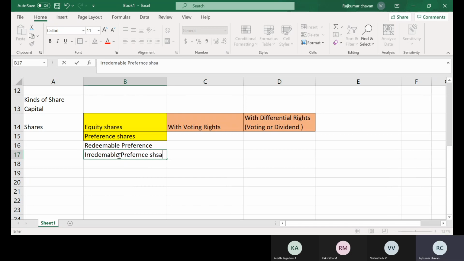Excuse my spelling. Next, convertible preference shares, non-convertible preference shares.